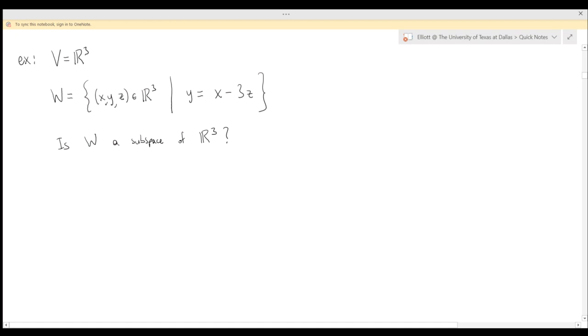All right. So in order to check if something is a subspace, you have to check those two conditions, closure under addition and closure under scalar multiplication. So I'll start by checking the closure under addition first.